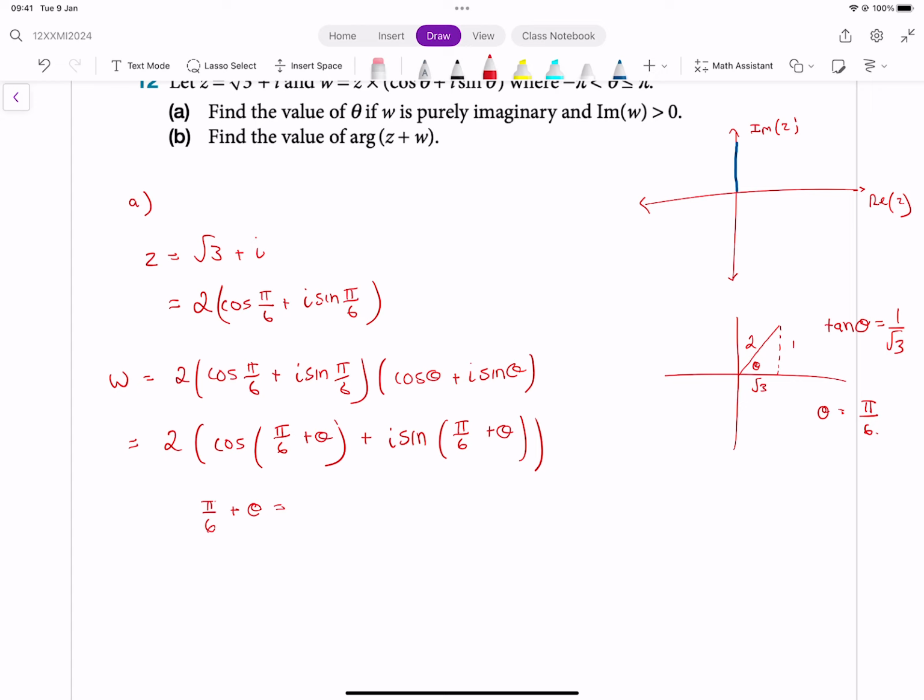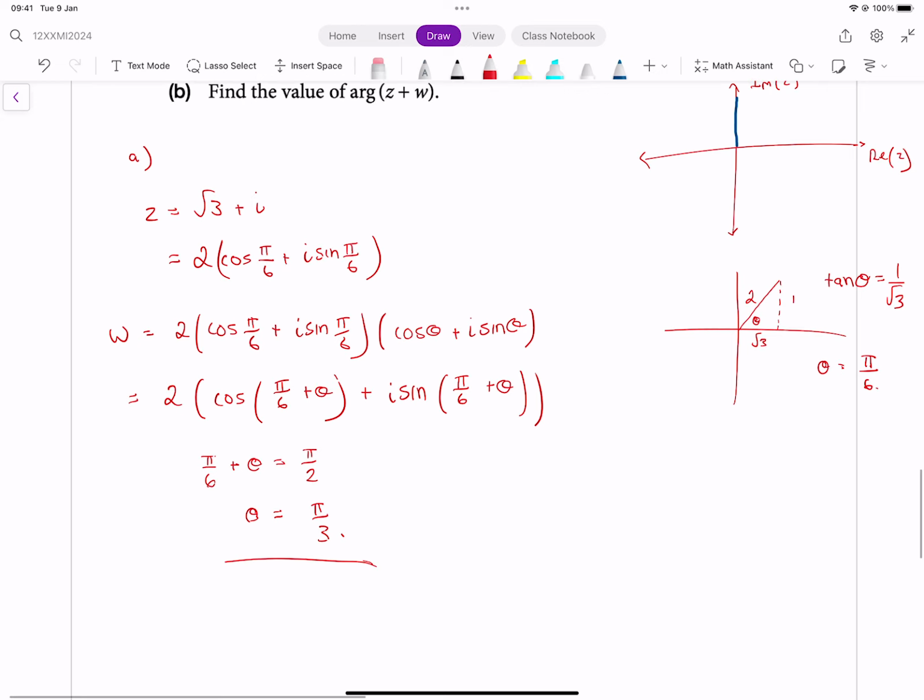So theta plus pi on 6 is equal to pi on 2. So that would make theta, if we subtract the pi on 6 over, to be pi on 3, I'm pretty sure. Yep. So we've just found the value of theta. So for part A, theta is pi on 3.